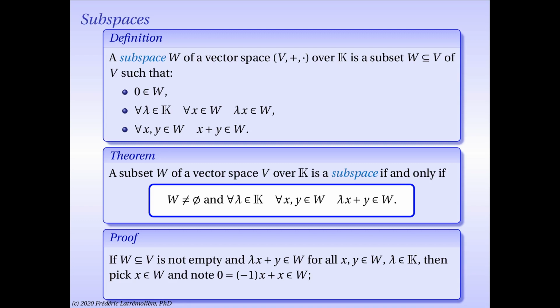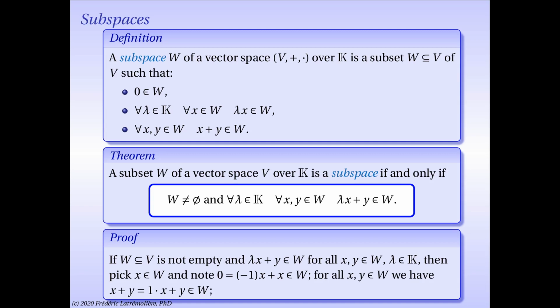Using the work in our previous lectures, we realize that 0 is indeed equal to minus 1 times x plus x for any x, and since W is not empty, I can pick an x in W and have written 0 in the right form to conclude that 0 does belong to W indeed.